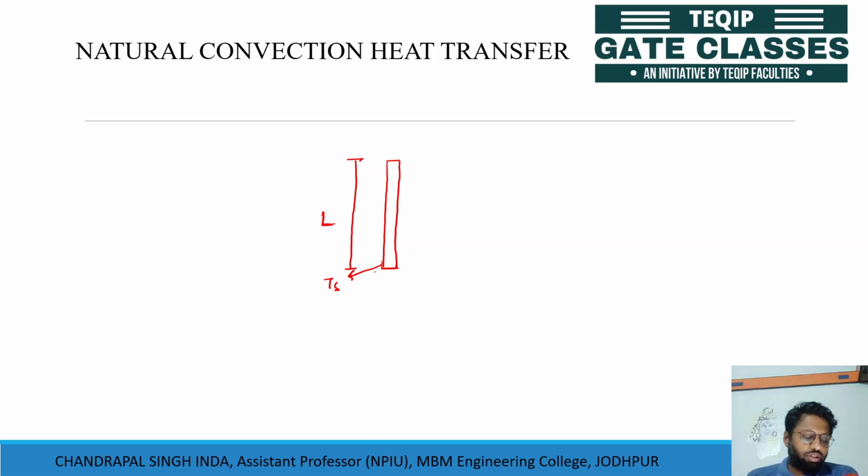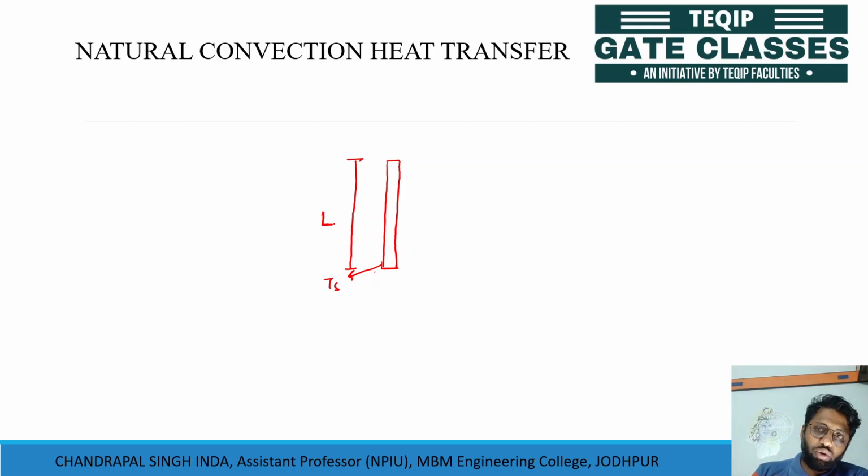In a forced convection system, we had that the fluid is flowed by the velocity v. So here, how does the flow take place around this vertical plate? Let's understand this.